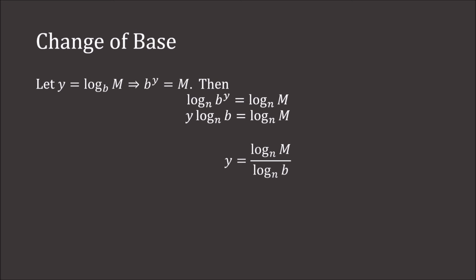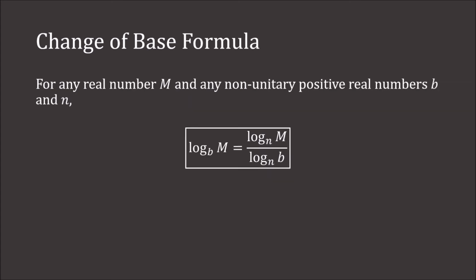Plugging back in y equals log base b of m, we get our change of base formula, which says for any real number m and any non-unitary positive real numbers b and n, log base b of m is equal to log base n of m over log base n of b.